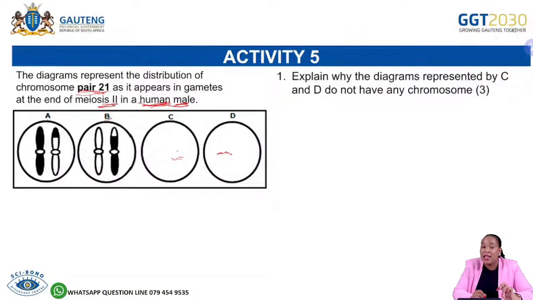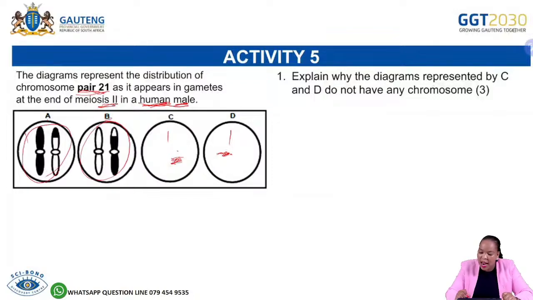But she did highlight to you that it does not mean there is actually nothing. It means there is 1 less of the chromosomes that were supposed to be in that particular cell, because it failed to separate during anaphase in the previous stage. So I think that also makes sense. So here you can already see that there are 2 when they're supposed to be 1, 1, 1. So there was some failure to separate there.